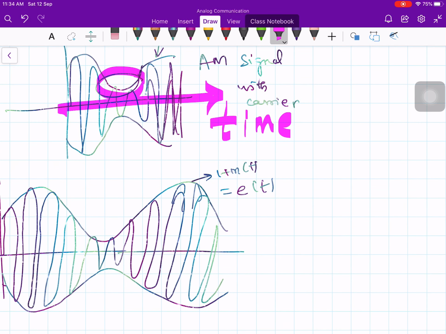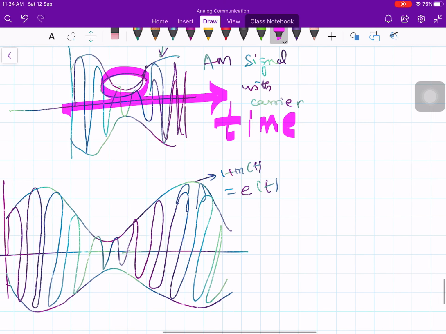So the shape is retained now. Therefore your envelope will be proportional to the message signal m of t. If it crosses the time axis, then we will have some problem, because we lose the proportionality of the envelope. The envelope will be different.